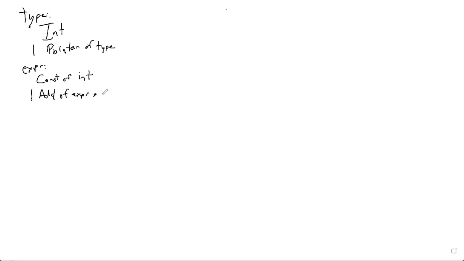And let's also add that we can dereference. If you have a pointer to an int, then we can dereference it and get an int. So we can deref an expression.